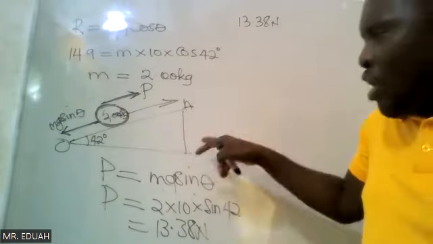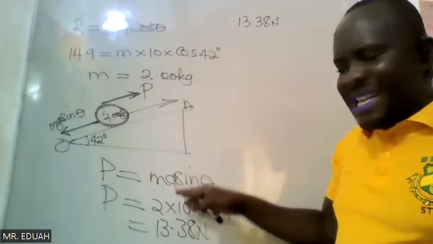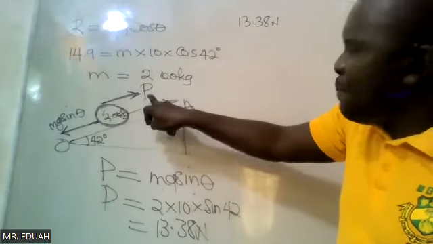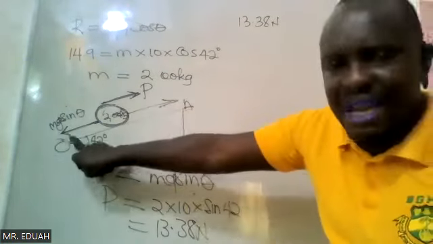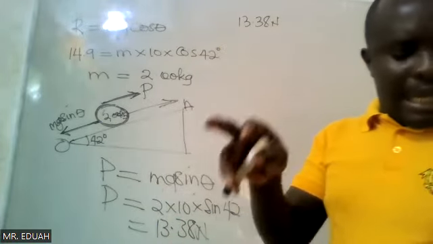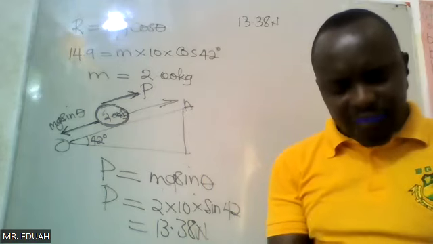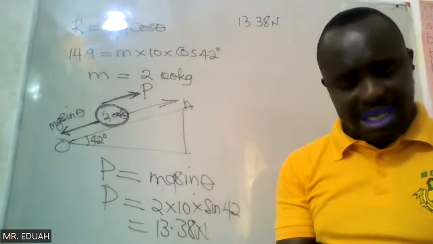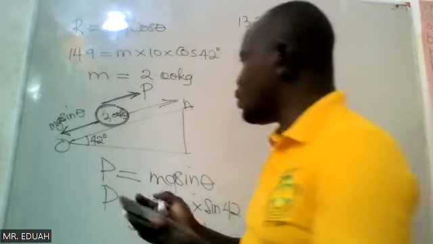Now we analyzed this and saw that for this to move up the plane, P must be greater than mg sine theta. You are given the force that is supposed to pull the parcel up the plane to be 20.